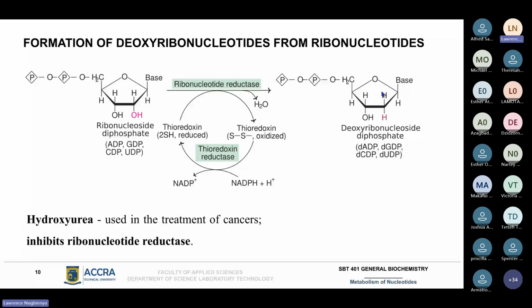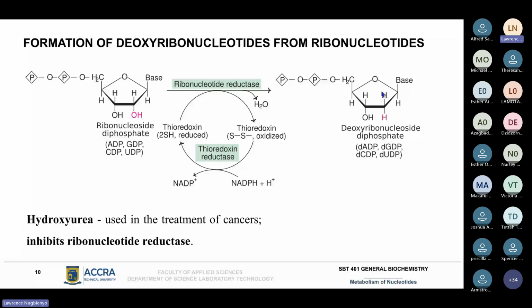The ribonucleotides are those that go into the synthesis of RNA, whilst we have the deoxyribonucleotides going into the synthesis of DNA. But so far, we've talked about only the ribonucleotides. Now, how do we get the deoxyribonucleotides, which will go into the synthesis of DNA?